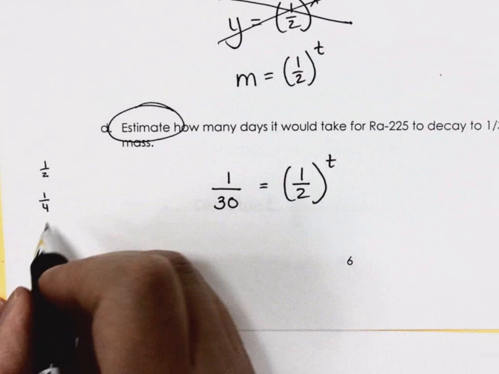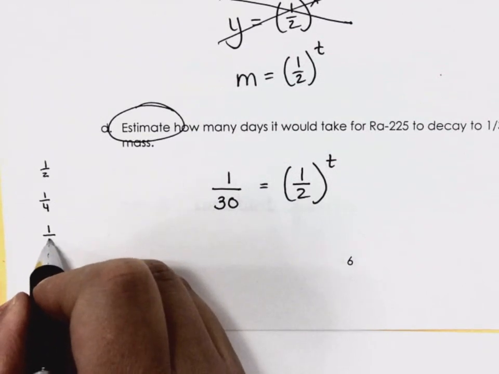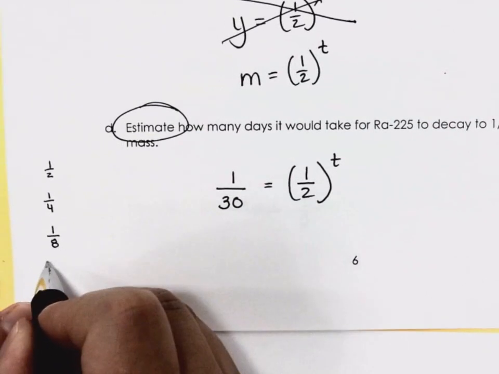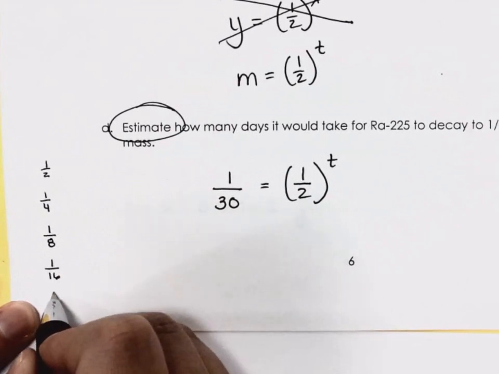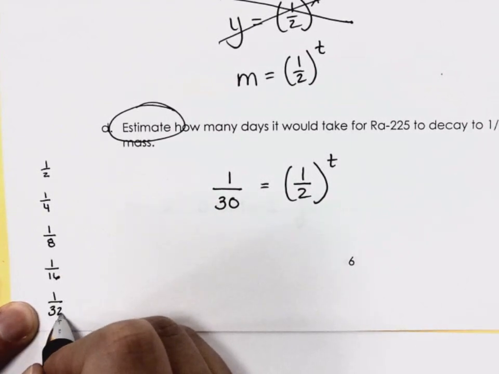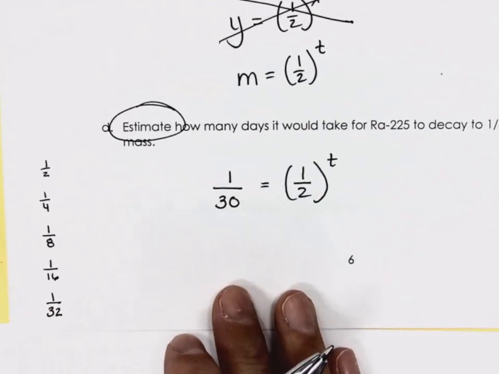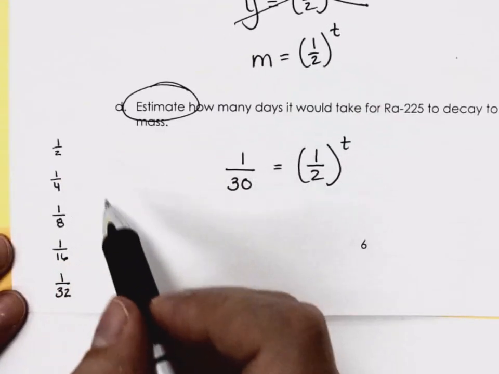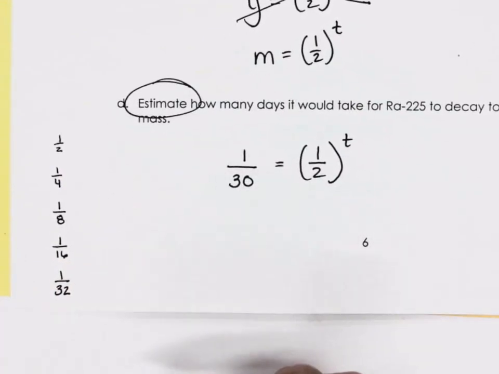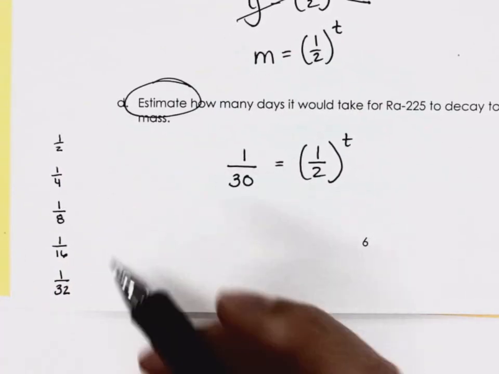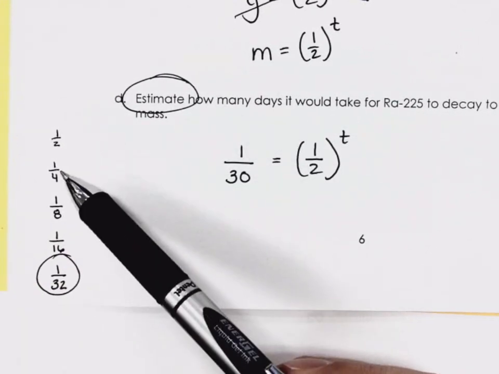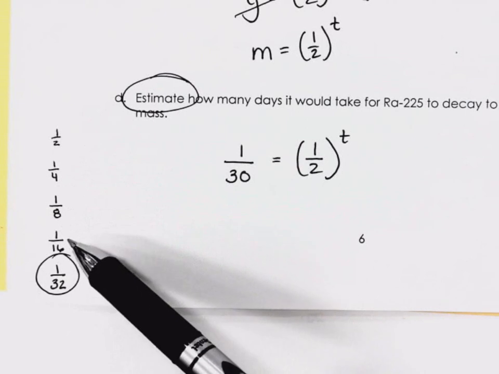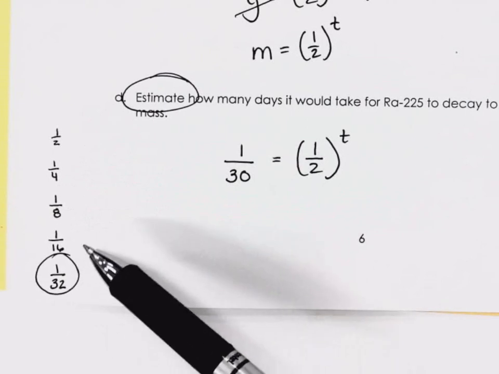Hopefully it's a quarter. 1/2 to the exponent 3. 1/2 to the exponent 4. Can I stop now? Right? Which number out of this list is closest to 1/30? 1/30th. And how many is that? Exponent 1, exponent 2, exponent 3, exponent 4, exponent 5.